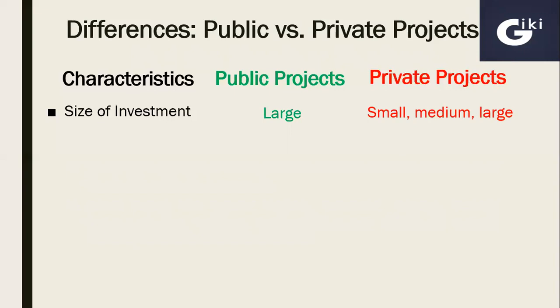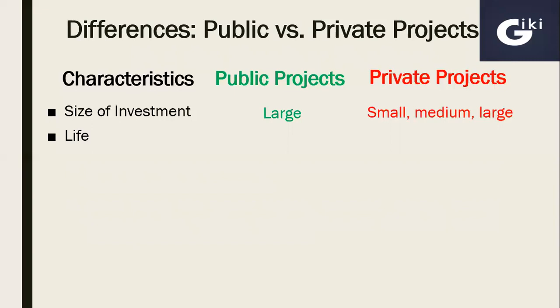And in case of private hospitals or private universities, infrastructure most of the time is small as compared to the public sector hospitals or universities, but exceptions can be found. But most of the time this is true that private sector projects require small to medium level investment but not large investment. But on the other hand side, public projects always require large investments.